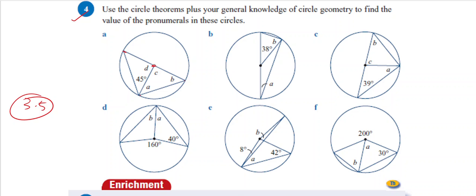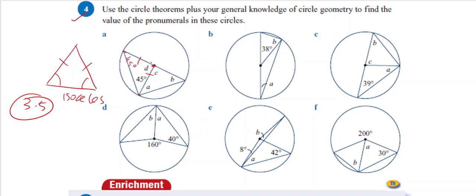So if I look at this particular triangle, these two sides are equal, because if you have a triangle where two sides are equal, it's known as an isosceles triangle, meaning these two angles are equal. So that must be 45 degrees.